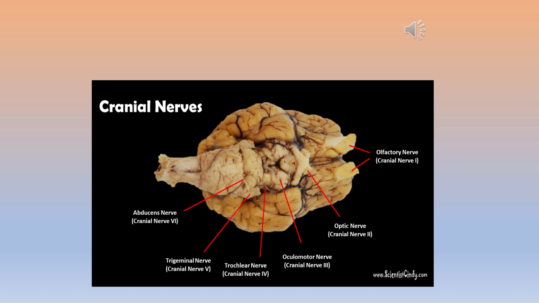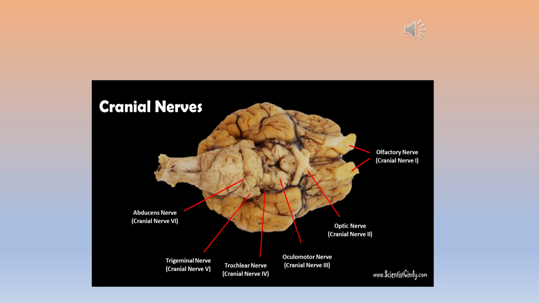So starting at the far right there, that is not the olfactory nerve. Those are called the olfactory bulbs. The olfactory nerves spring off of the olfactory bulbs and go into the nasal mucosa. You don't see the olfactory nerves because they get torn off when the sheep's brain is taken out of the sheep's head.